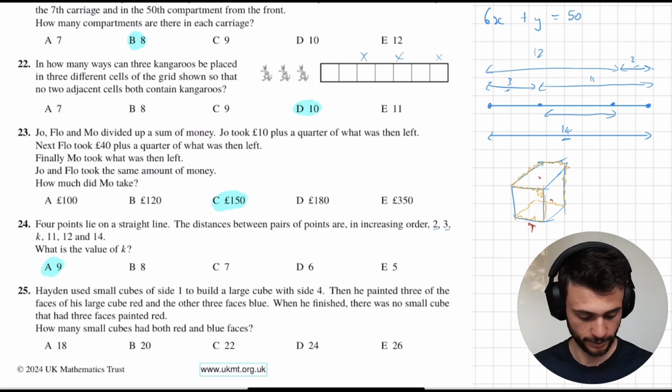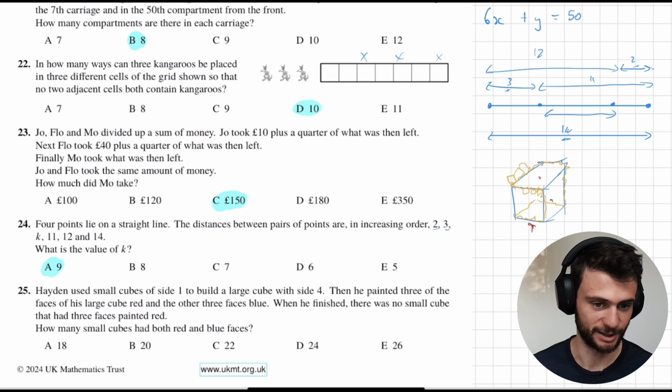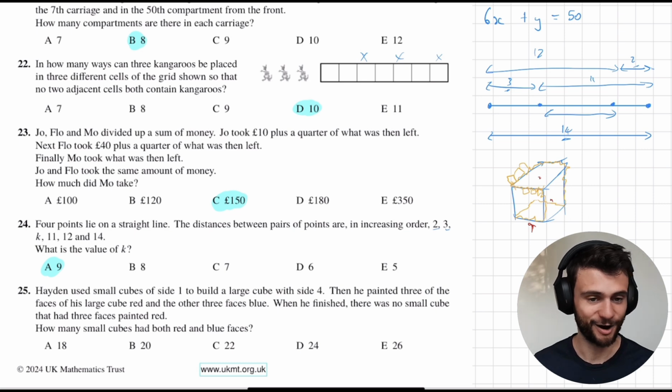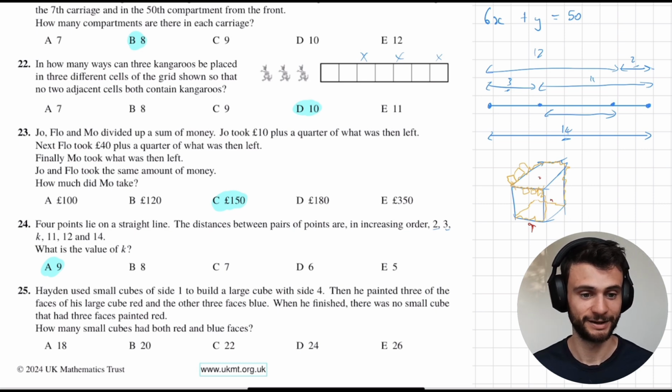So we could go 1, 2, 3, and then this one counts here. 1, 2, 3. Again, this is a terrible, terrible diagram, but hopefully you're starting to get the idea.